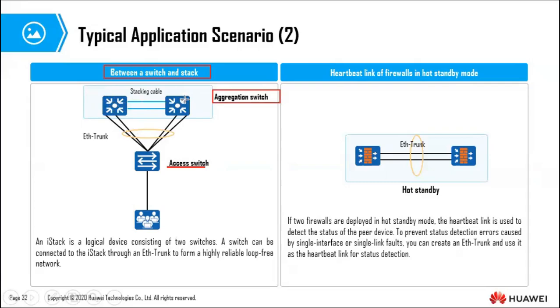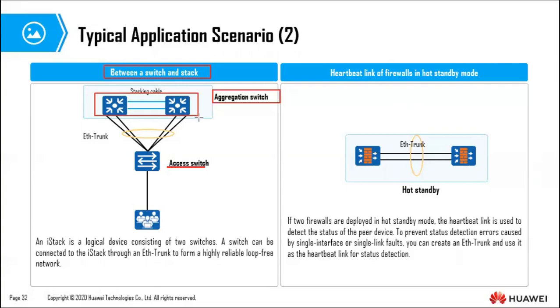Are we together? But now we've used a technology called iStack, or intelligent stack, to combine these two physical switches into a single logical switch. Are we together? That's what iStack does. We're going to learn about it, but at this point, just understand that we've combined these two physical switches to act as a single logical switch.